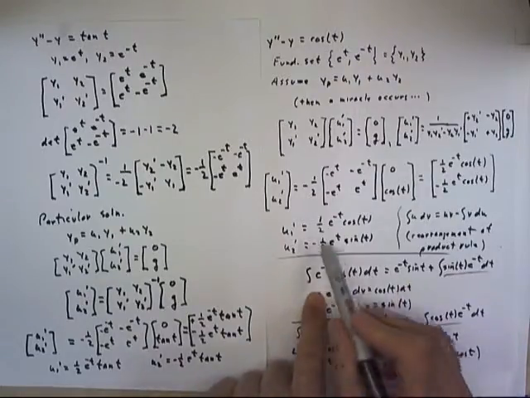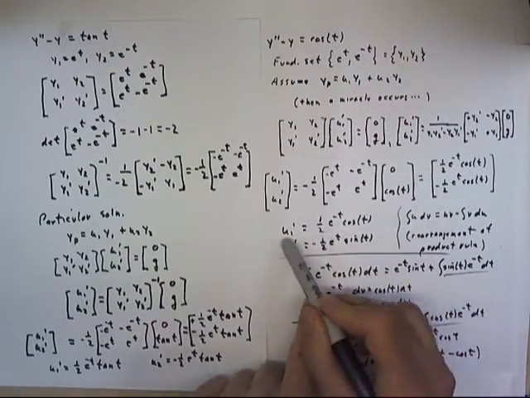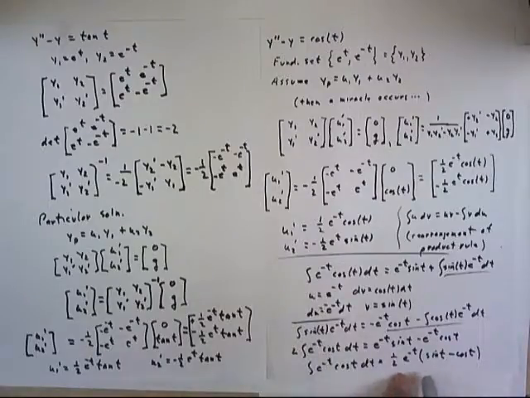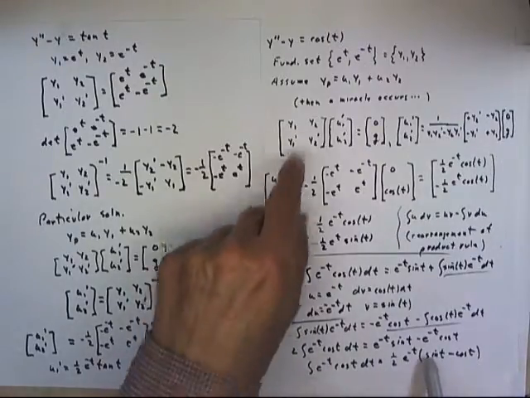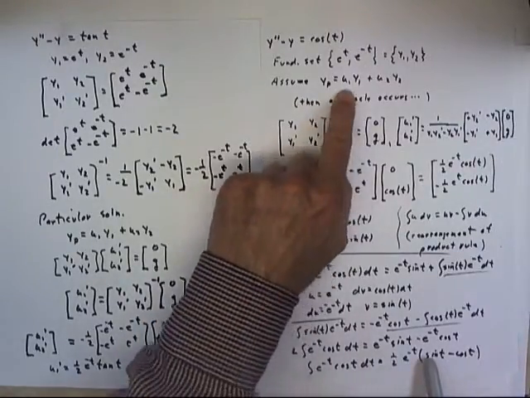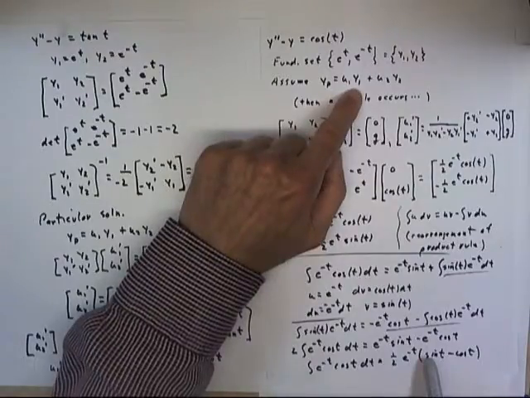Having integrated the function for u1 prime, we now see that u1 is 1/2 e to the negative t times sine t minus cosine t. Just a little preview. This u1 function will now be substituted back here where it's going to be multiplied by y1.